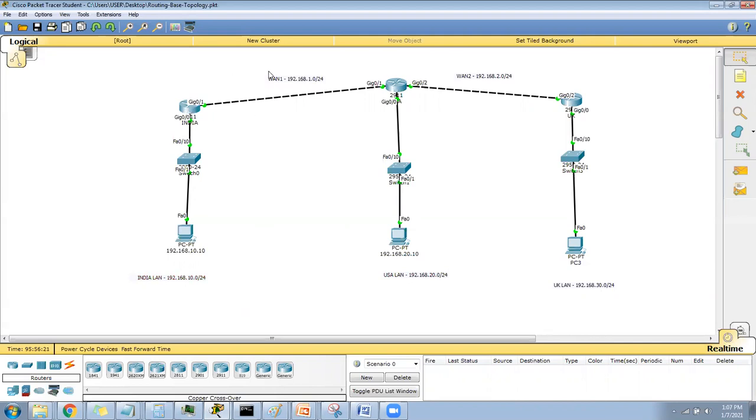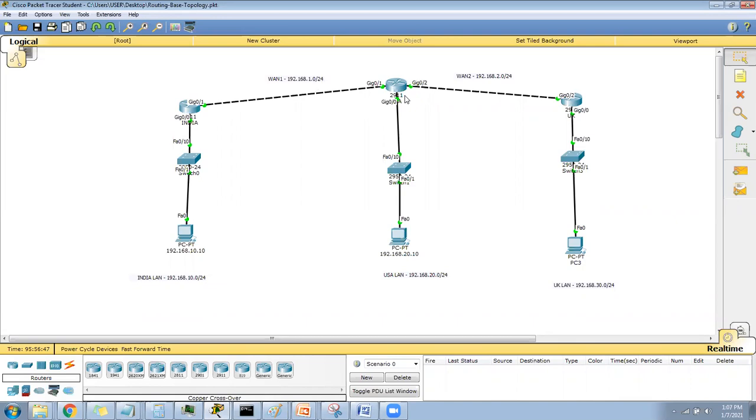By default, the India router will have two networks directly connected, 192.168.10.0 and 192.168.1.0. This class is going to repeat a third time, since 3 days we are learning this, so you have to memorize it, and without practice you will not understand. You have to practice this.